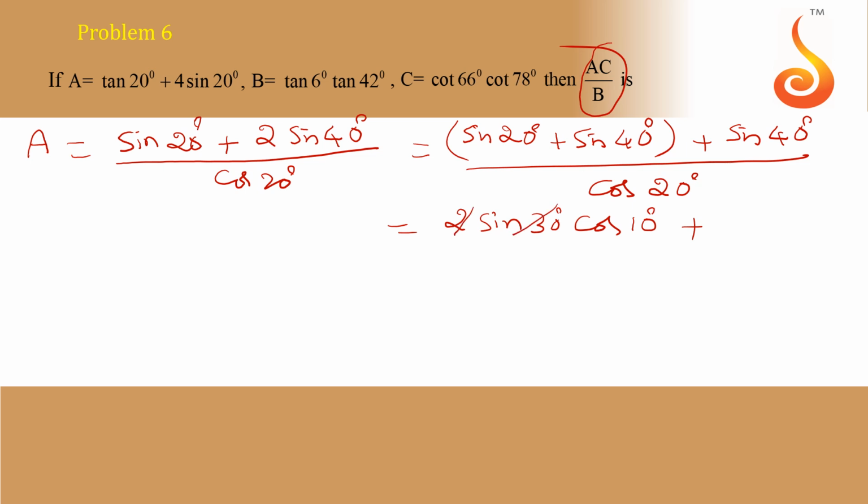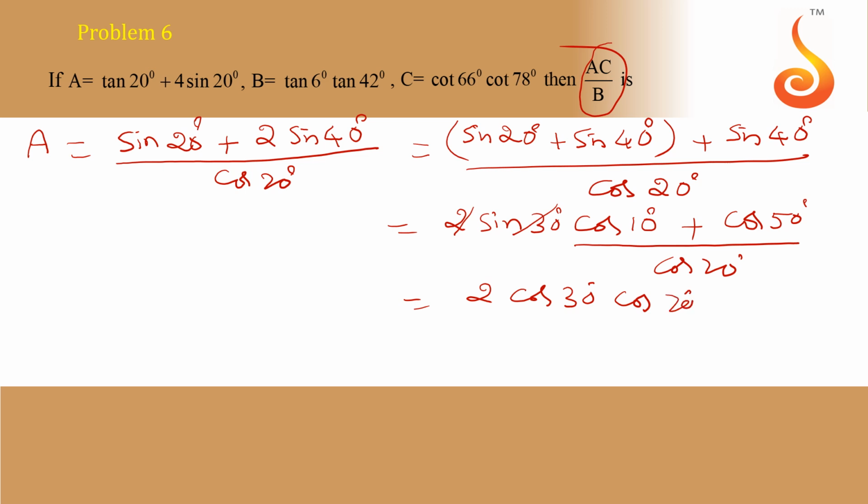Sin 30 is half, so I am cancelling, so cos 10 is left over. I'll convert this as cos 50 divided by cos 20. Again the formula is cos C plus cos D, 2 cos of C plus D by 2, 30, cos of C minus D by 2, 20, by cos 20. So cos 20 gets cancelled. So capital A value is root 3.